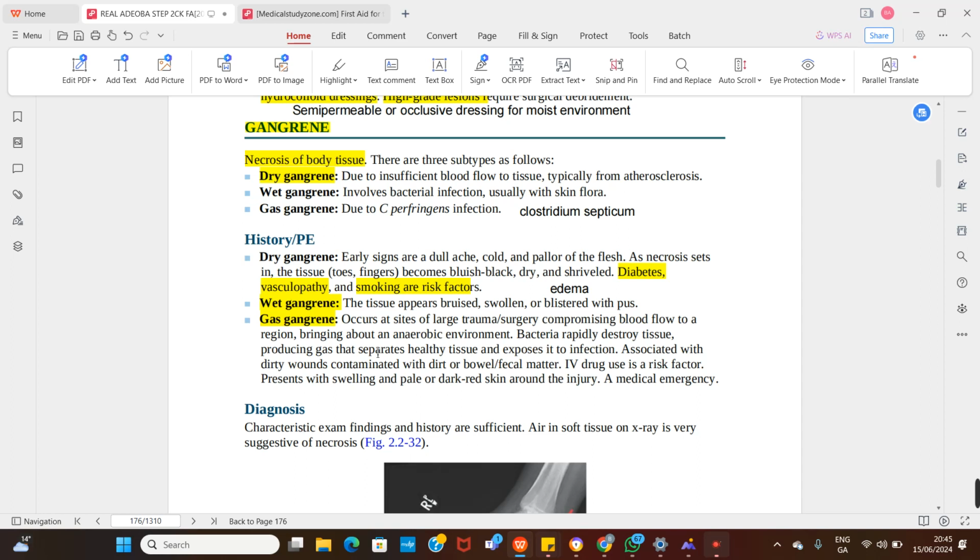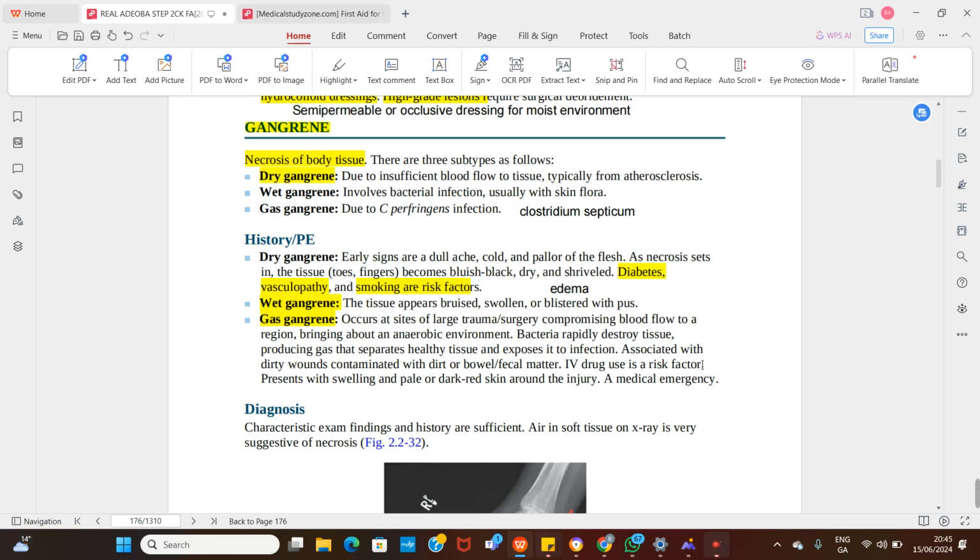Very important. So once you see gas, we know that this is going to be an anaerobic infection causing gas gangrene. What is this infection? Clostridium perfringens. What is the last thing to remember? The foul-smelling putrid discharge. Those three things, think about gas gangrene: the bullous lesion with skin discoloration, the crepitus from the gas accumulation, and the foul-smelling putrid discharge.